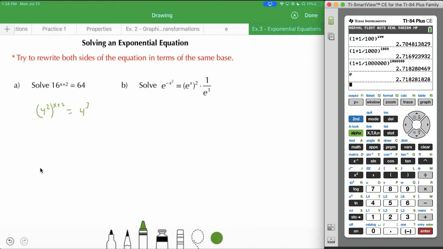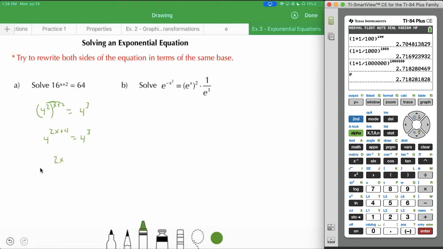Okay. Now I use a little property of exponents on the left-hand side here, and I'm going to multiply 2 with x plus 2. So now I have 4 raised to the power of 2x plus 4, and that's equal to 4 to the power of 3. Well, if I have two expressions equivalent to each other that have the same base, that means their exponents are equivalent.